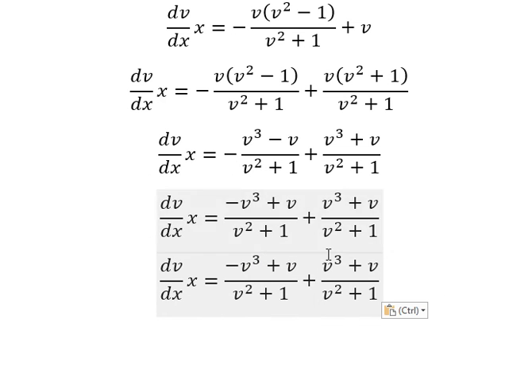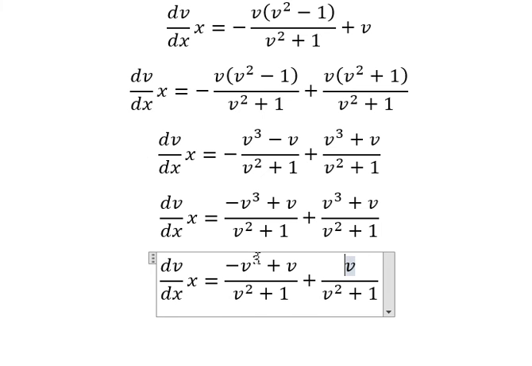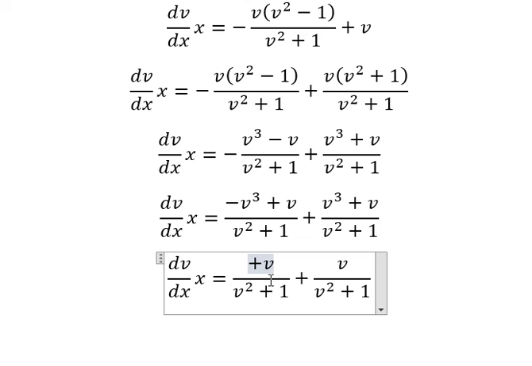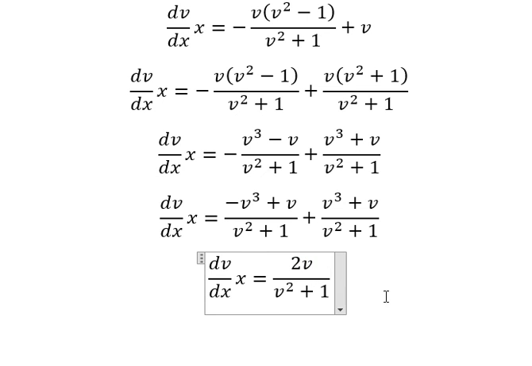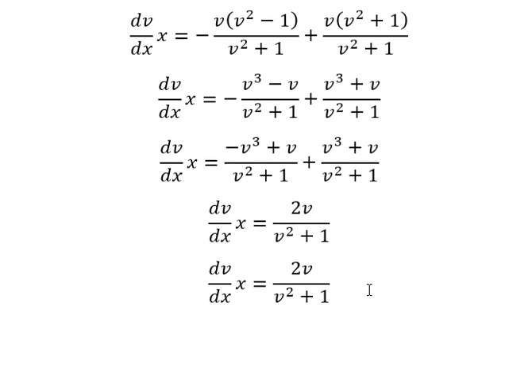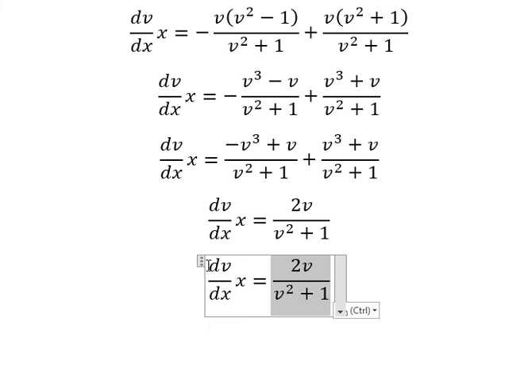So v to the power of 3 minus v to the power of 3, they cancel. v plus v, we have 2. Now we put this one to the left, dx and x go to the right.